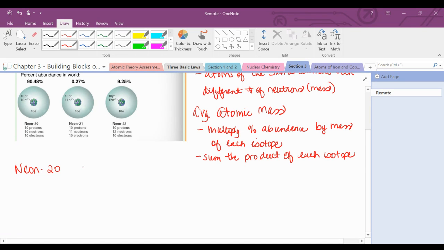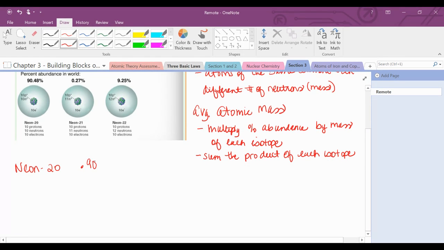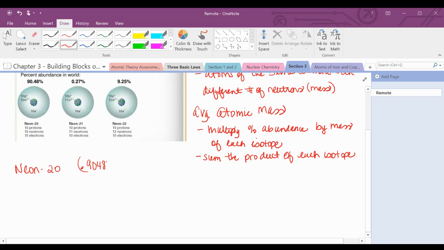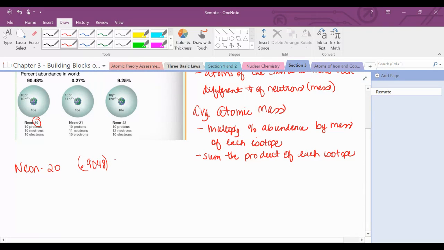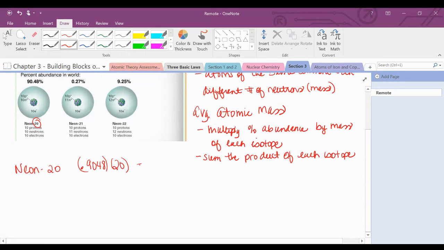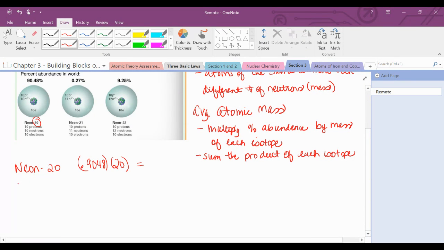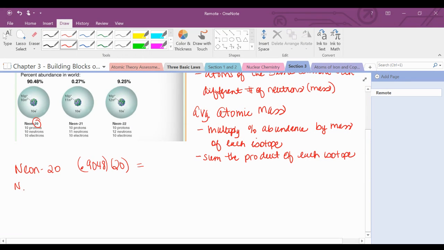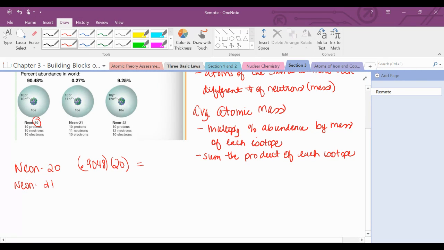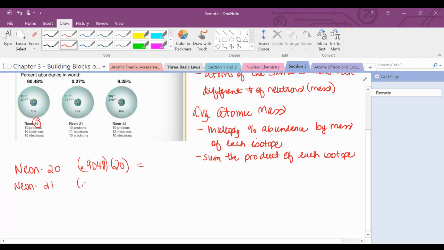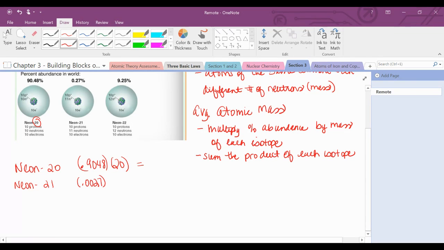So we're going to have 0.9048, and we're going to multiply that by the mass of 20. And we're going to get a product here. We're going to do the same thing for neon 21. We're going to take the percent abundance and divide by 100, and then multiply it by its mass number.